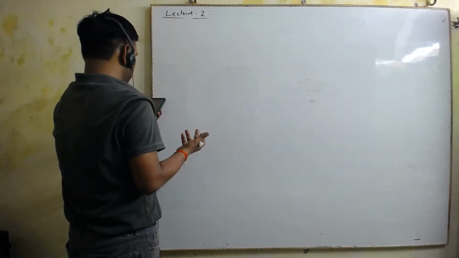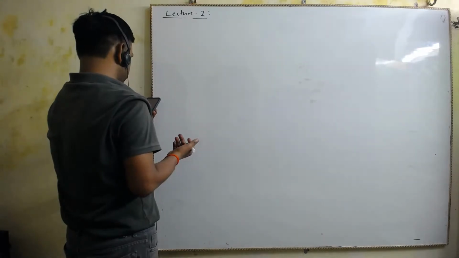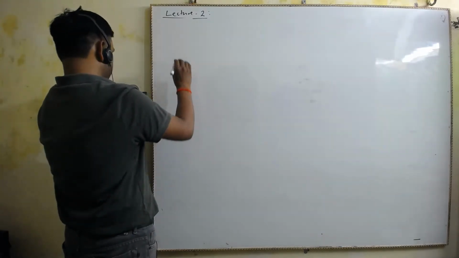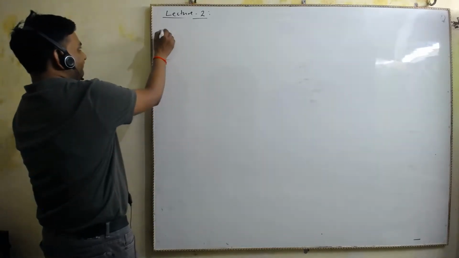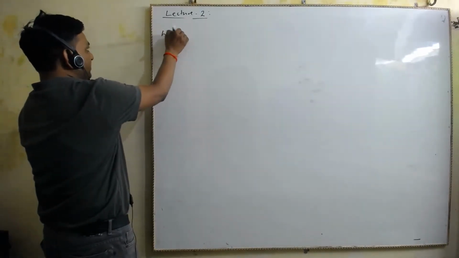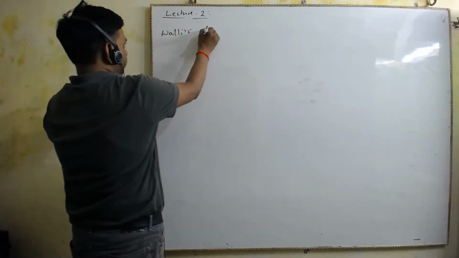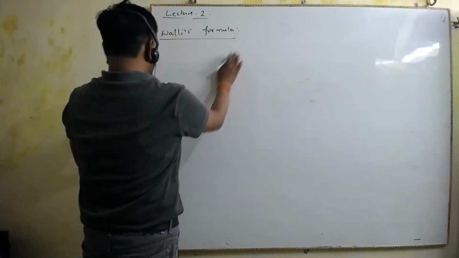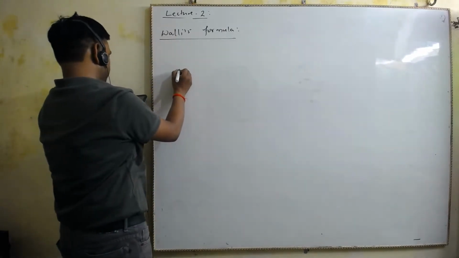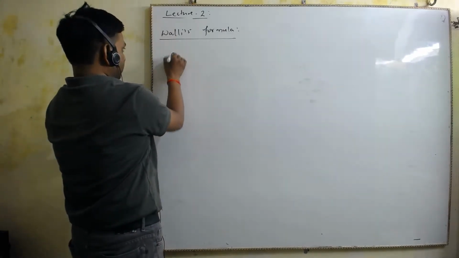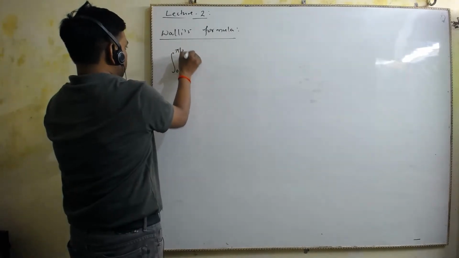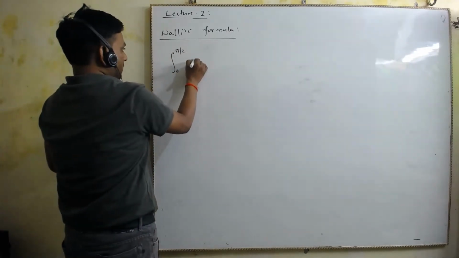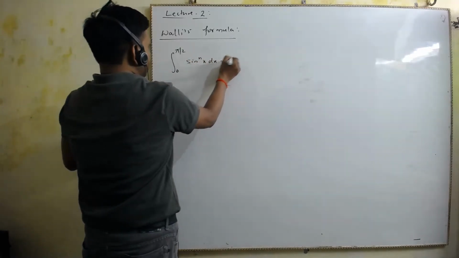Let's take some more examples here. So that is done. Next is Wallis's formula. Please note down this formula. This will be very helpful. And that formula is integral 0 to pi by 2 sine nx dx.